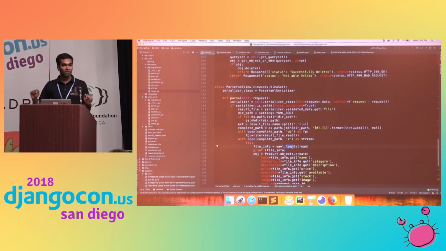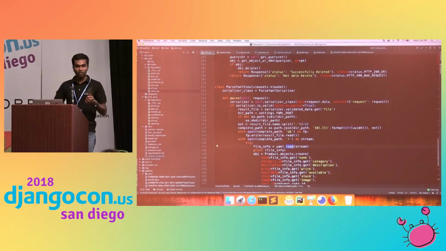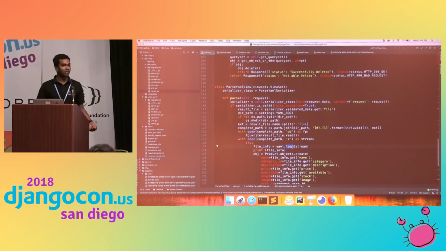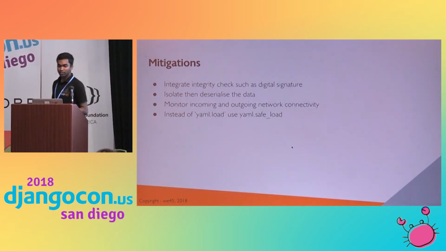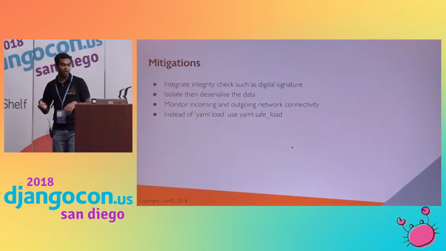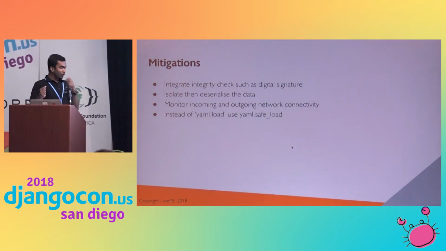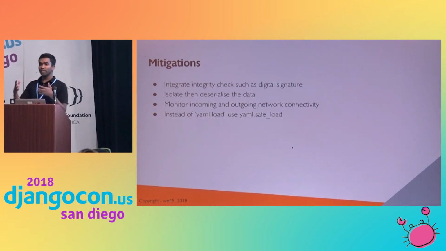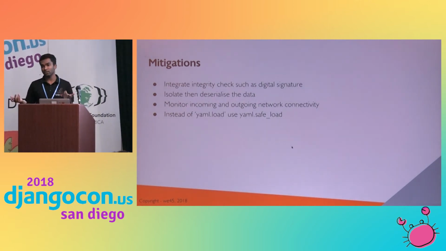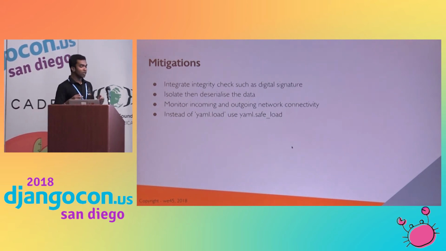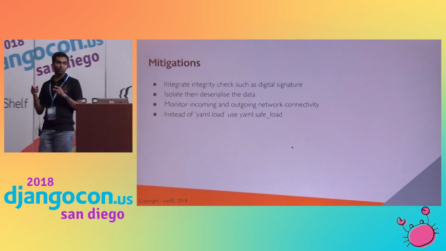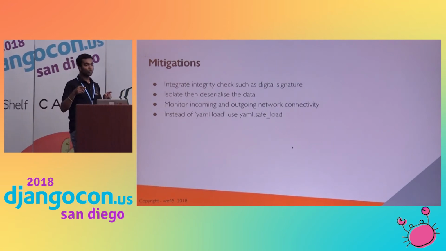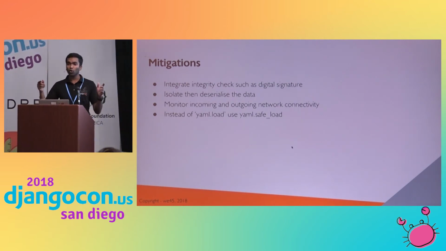So when we are deserializing, you should integrate checks based on digital signature. Also, when you are serializing, make it an isolated environment. Use containers, and make sure the container runs as a normal user, not as a root user. If you are using a root user, then he can compromise your host system as well.